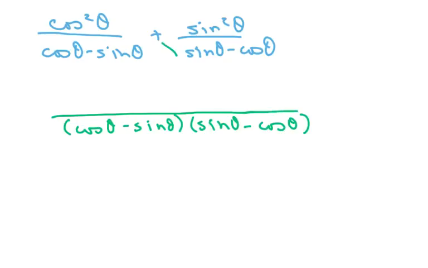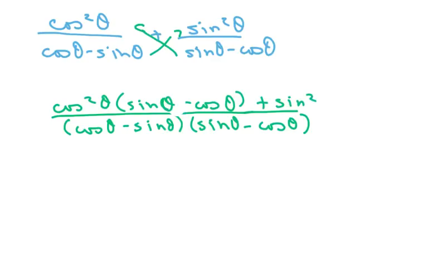And then you're going to have to cross up in here. So you're going to get cosine squared of theta times sine of theta minus cosine of theta. I don't know why I did that. All right. Plus sine squared of theta times cosine of theta minus sine of theta.